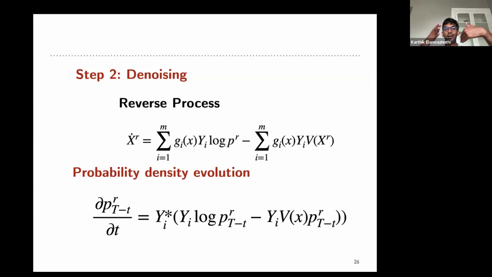And turns out that this score function gives you a control law which takes you from any configuration in space and does exactly what the noising process did, except in reverse. And this holds true because you can write down the probability density evolution in terms of this continuity equation. So it solves exactly the PDF that you achieved in the forward direction, except with the time flipped.